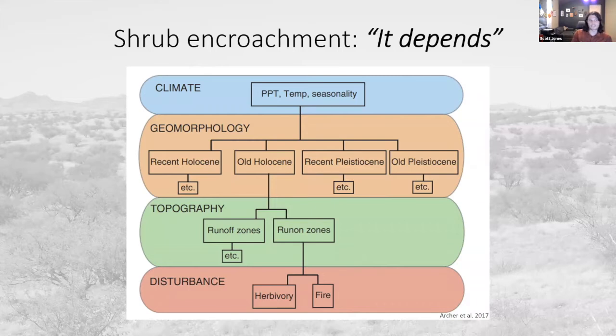This whole process is dependent on a slew of factors: climate interactions, different geomorphology and topography, so soil type and elevation, and also what kind of disturbance regimes have been on this landscape, whether that be herbivory or decreases in fire. We always joke about it in our lab group: you'll look at something and then it comes up, well, yeah, but it just depends on what's going on. So I will constantly be saying that throughout the presentation.